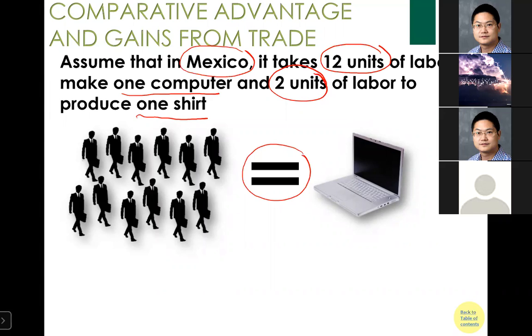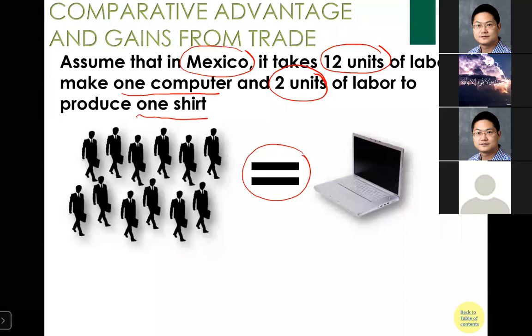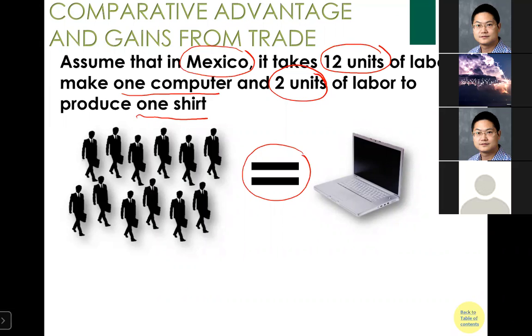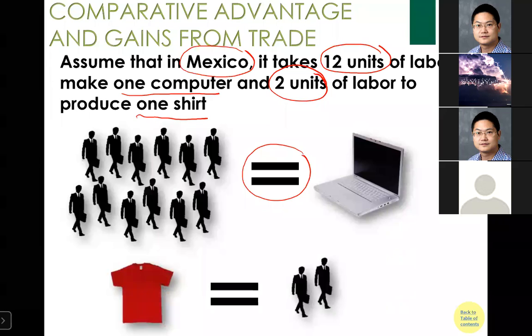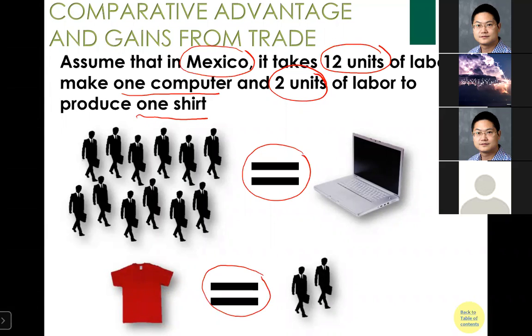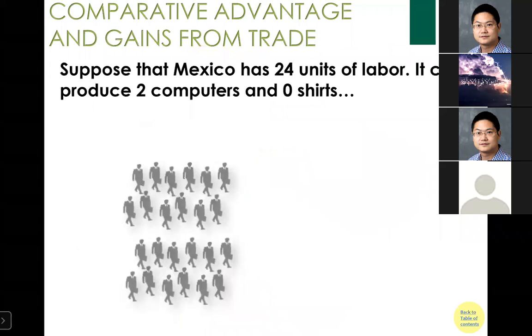You may interpret it as 1 million or 1,000 units, over a certain amount of time, okay? On the other hand, 2 workers produce one shirt. Again, this equal sign just gives you the technology. Two workers, in a certain amount of time, produce one shirt, or you can think of 1 million shirts, right? So this is the technology, or what the production possibility frontier in Mexico looks like.